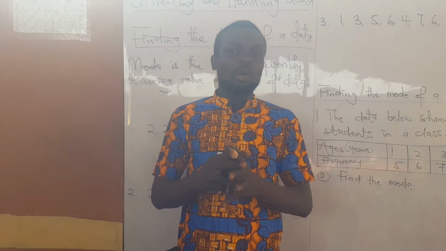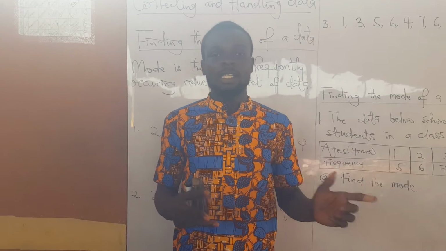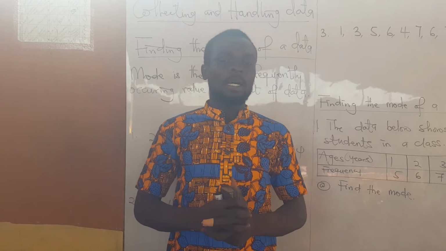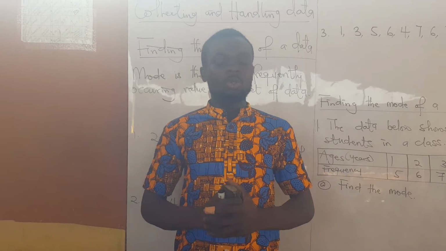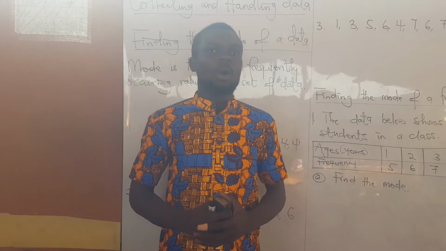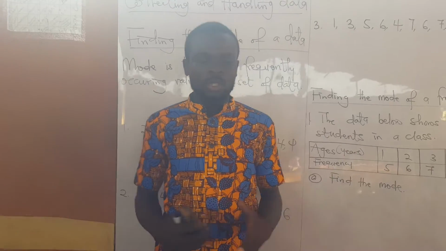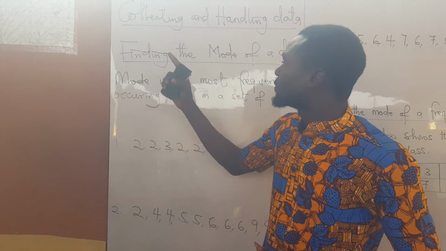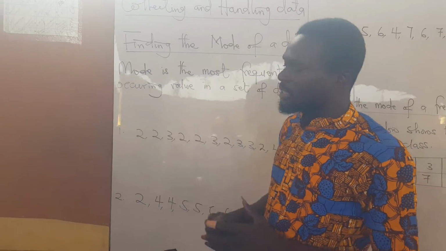Then we'll combine all these three into the collecting and handling of data, which we'll be talking about later on. So today we want to look at finding the mode of a given data.